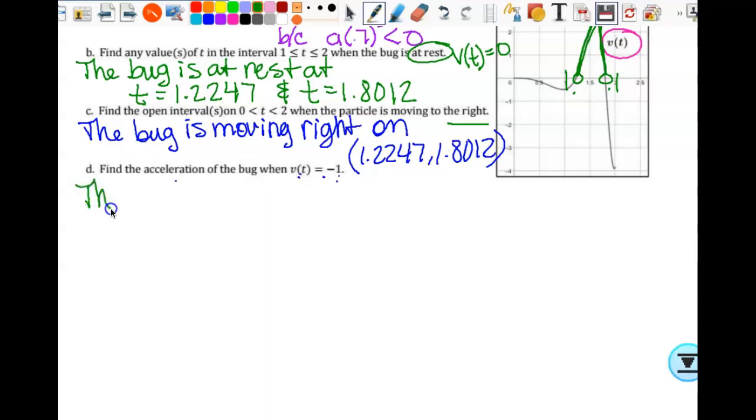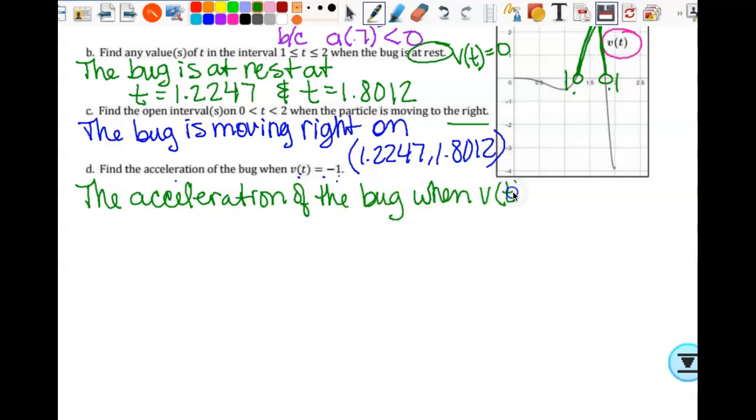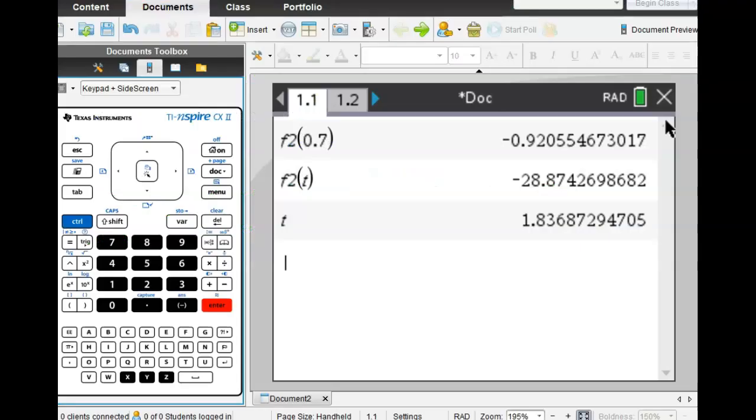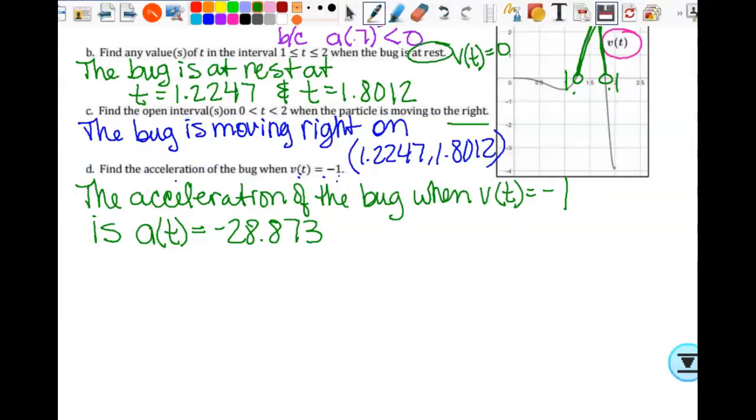So we can say the acceleration of the bug when b of t equals -1 is a prime, or a of t, which equals, what was it, -28.8742.